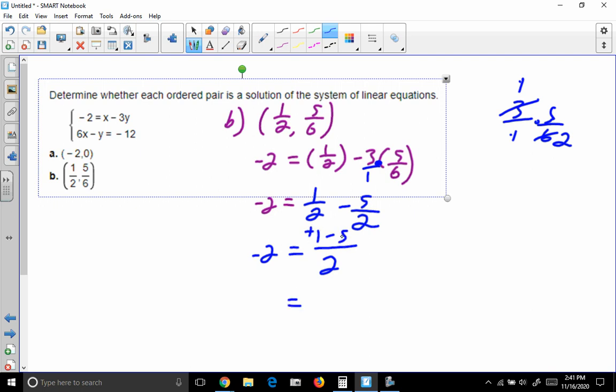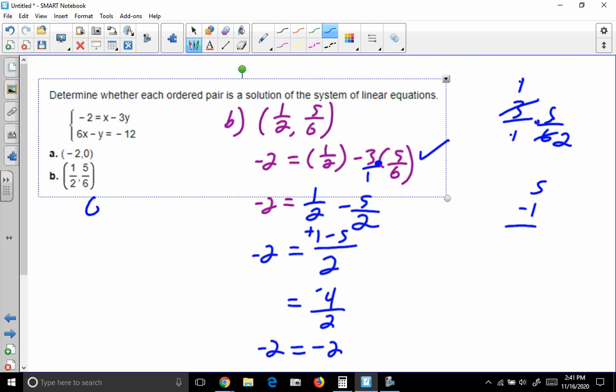These are opposite signs, so we subtract. We subtract 5 and 1 and get 4. Take the sign of the bigger number. Negative divided by positive is negative. 4 divided by 2 is 2, and that's what's on the other side. So that point works for the first equation. We don't know about the second equation yet, but that works for the first one.